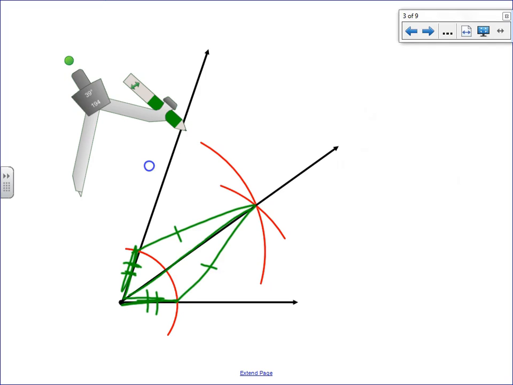And then we've got that shared side. So really we have side, side, side congruence, which guarantees that everything's the same measurement, which guarantees that these angles, because corresponding parts of congruent triangles are congruent, are congruent. So this angle down here would be congruent to this one. And therefore, we would have the angle bisector.